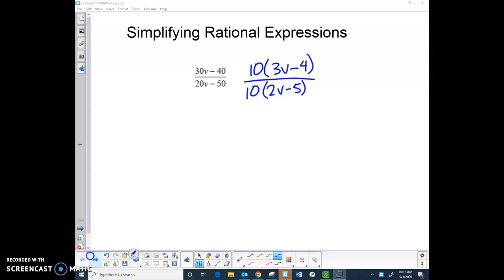Canceling doesn't mean they go away, it means they turn to 1. We know anything times 1 is itself, so that's why we just don't write it. So we've got a 10 over a 10, which is 1. We don't need to write that 1, so we are left with 3b minus 4 over 2b minus 5. That is the simplified version of that rational expression.